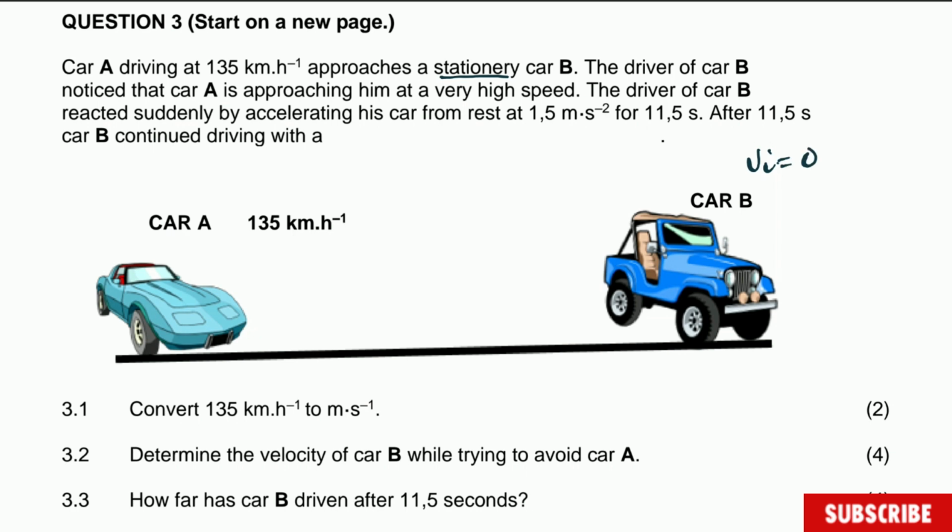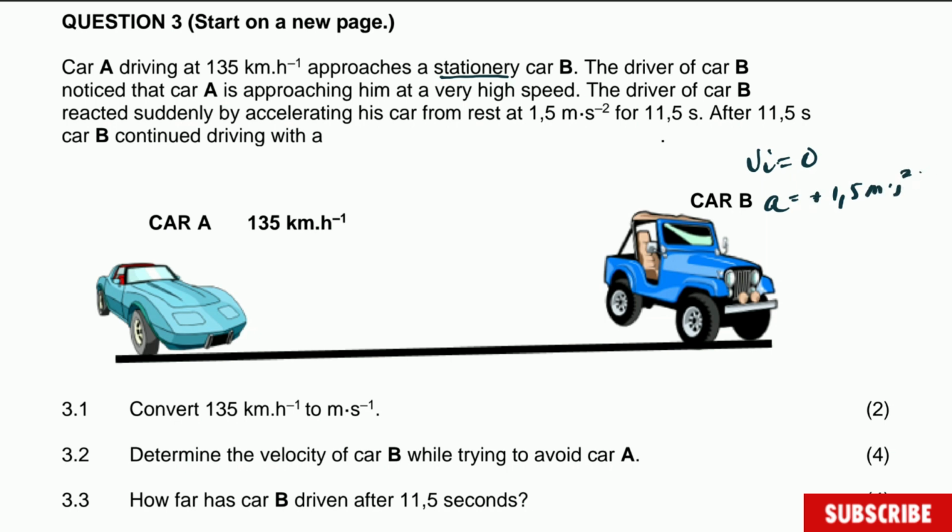The driver of car B noticed that car A is approaching him at a very high speed. The driver of car B reacted suddenly by accelerating his car from rest at 1.5 meters per second square. So the acceleration here is equal to a positive 1.5 meters per second square.